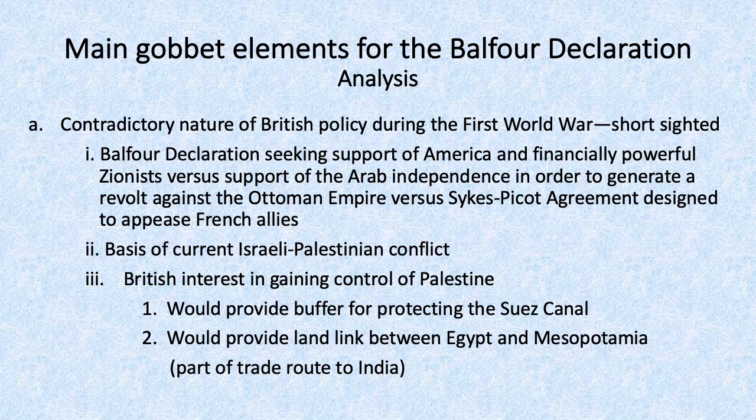So this would allow the British to maintain control of Palestine, would provide a buffer for protecting the Suez Canal, and would also provide a land link between Egypt and Mesopotamia, what today is Iraq, which would also end up under British control, all of which tied into the importance of India, right? So this could be part of a trade route to India, India being the crown jewel of the British Empire.